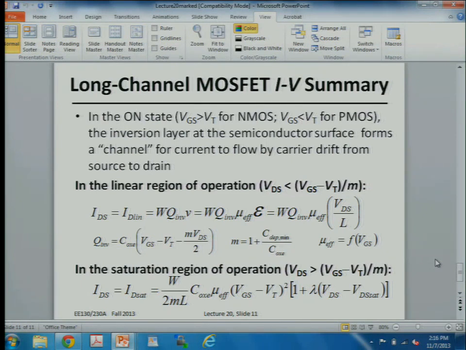Let's look at Q inversion. So Q inversion is Cox, or the equivalent gate oxide capacitance, times VG. Okay, it's VGS now. We're referencing all of our gate voltages relative to the source voltage. So VGS minus VT. Okay, that's true at the source end, right? At the drain end, okay, let's say we're looking at the linear regime. The channel potential goes from the source potential up to the drain potential, right?